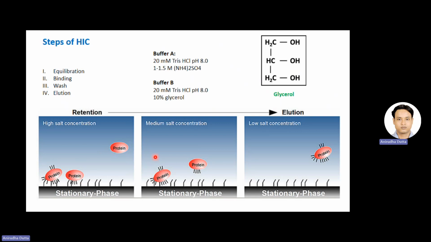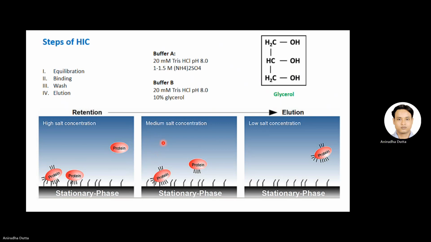In that case, you don't have to bind and then elute. That mode of running a column is called flow through mode. So whether your protein has a surface hydrophobic patch or not, you can run hydrophobic interaction chromatography to purify your protein.